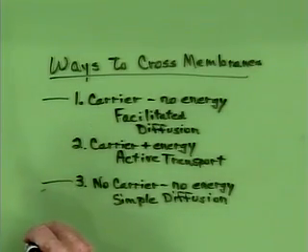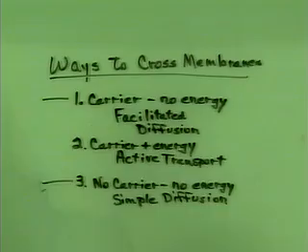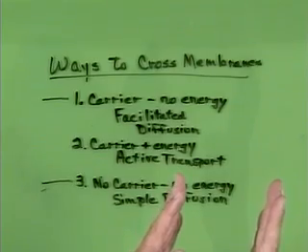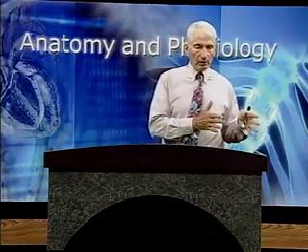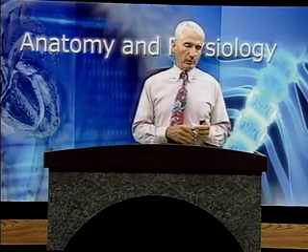And the substance will only cross the membrane if it's in higher concentration on this side, in which case it will simply diffuse or cross over to the other side in that manner. You can never use facilitated diffusion or simple diffusion as a way to move a substance from an area of lower concentration of that substance to an area of higher concentration. So for both facilitated diffusion and simple diffusion, the driving force is the concentration gradient, and the diffusion only occurs in the direction of the concentration gradient, from higher concentration of that substance to lower concentration of that substance.